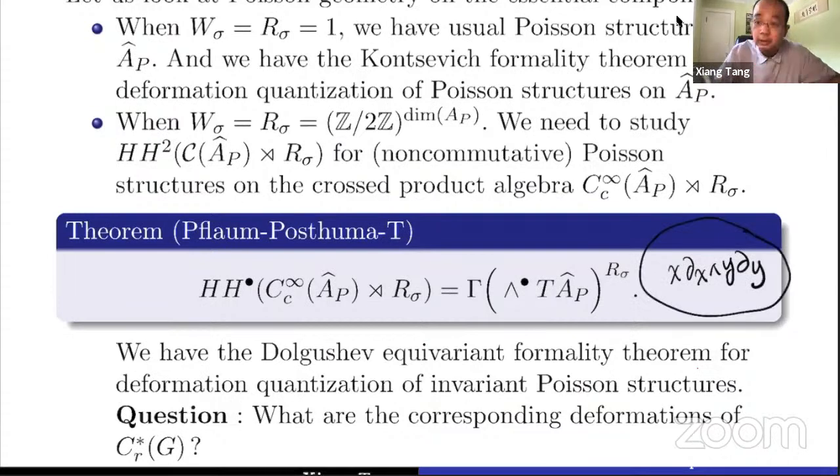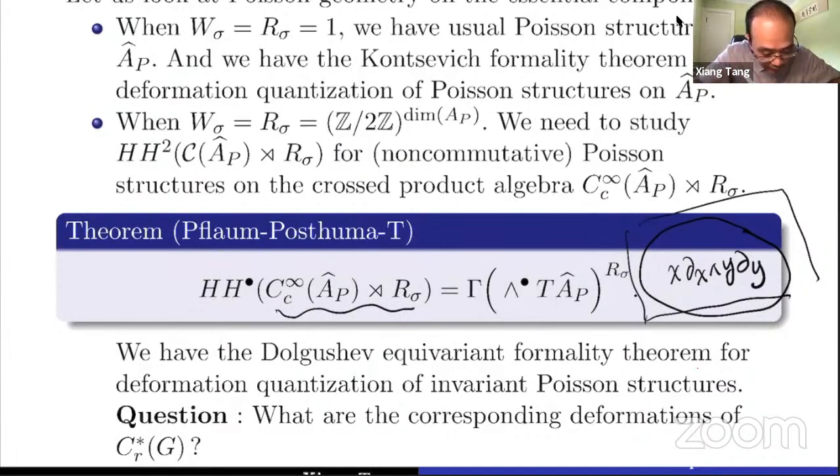This would be the natural invariant, because my Z2 will map x to minus x, the other Z2 maps y to minus y, and each of them is invariant. This is the natural invariant bivector, and this is actually the log symplectic, or the natural invariant Poisson structure. And for this one, we know how to deform this algebra.